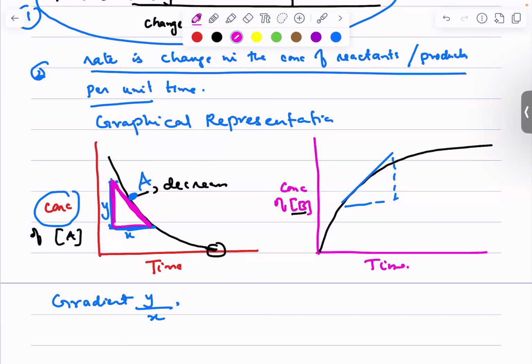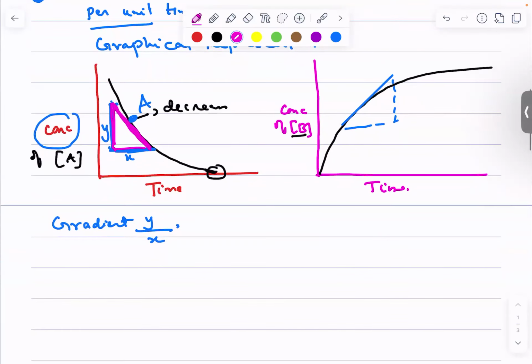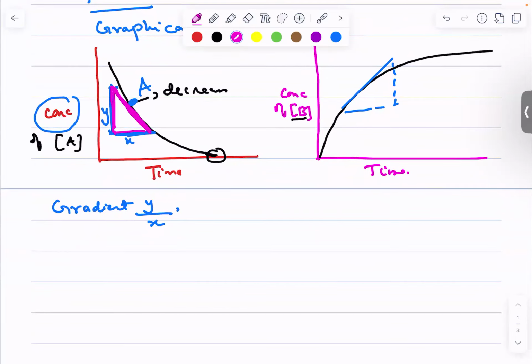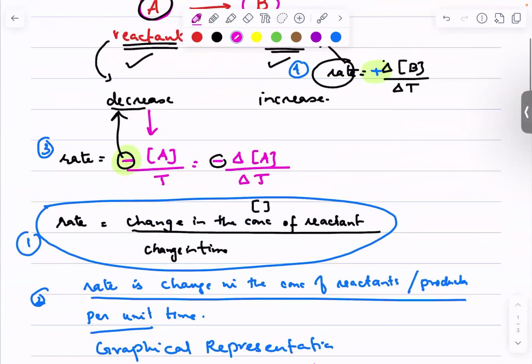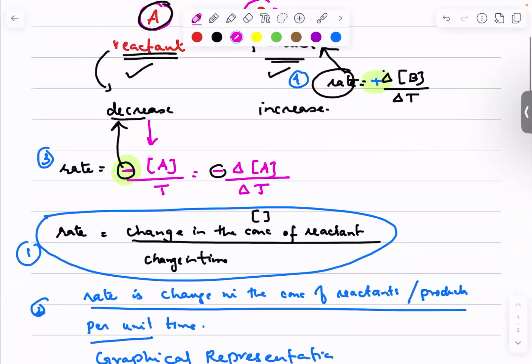And now let's discuss the unit. After finding out the gradient, whatever is the value of the gradient, that would be the value of the rate. All right. And as I told you earlier, rate is change in the concentration of the reactant over change in time.